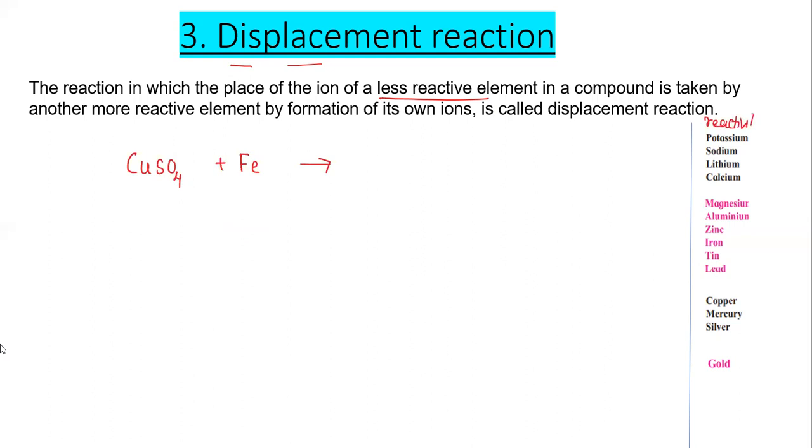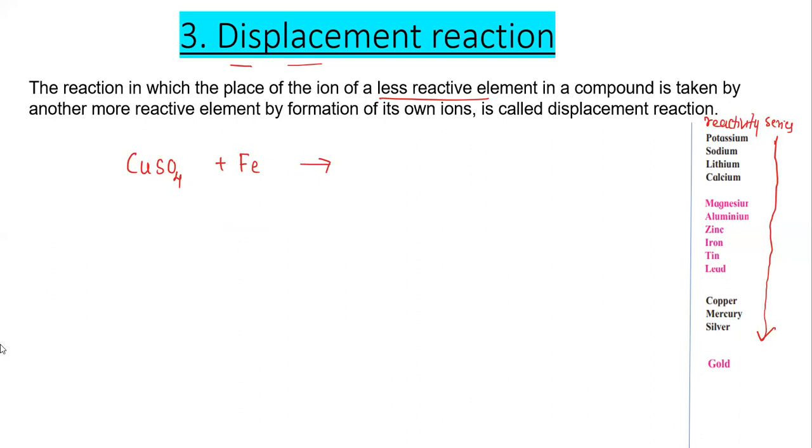This is the reactivity series. Here, first element is potassium. Potassium is highly reactive. As we move from top to bottom, reactivity decreases. Here the elements are arranged in increasing or decreasing order of reactivity. If you are moving from bottom to top, then increasing order.